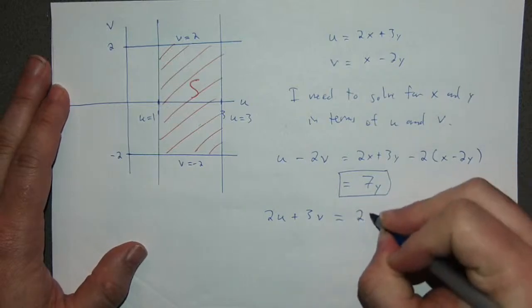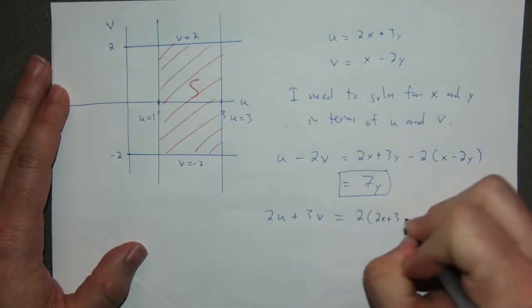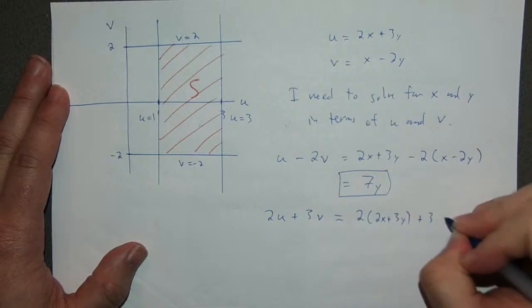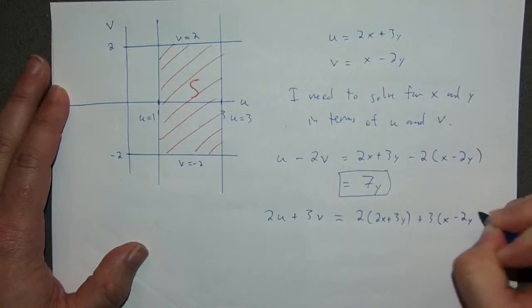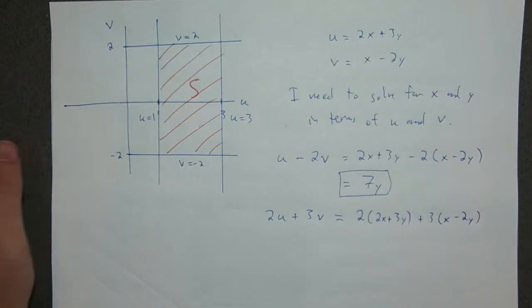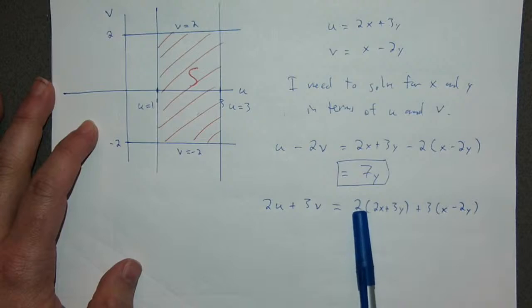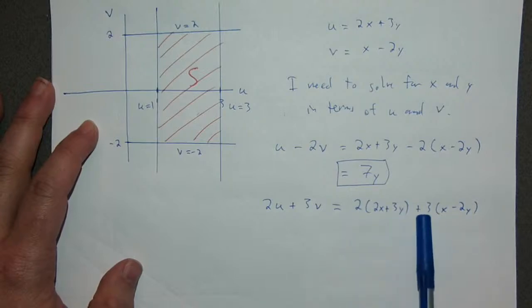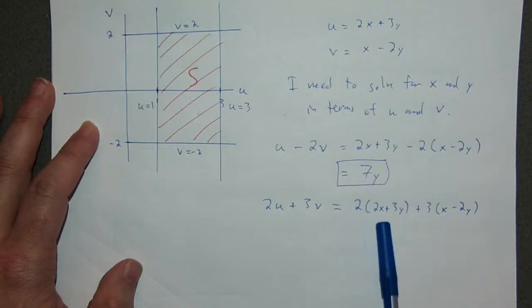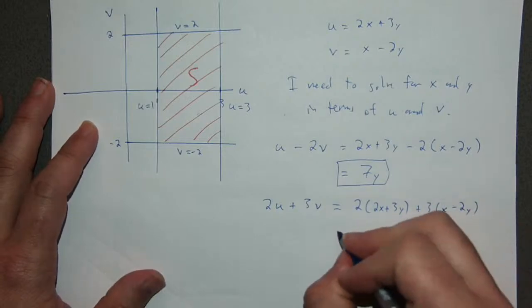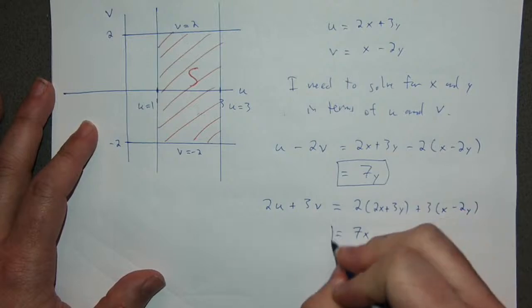So this would be 2 times 2x plus 3y plus 3 times x minus 2y. Okay, and so I would have 2 times 3y is 6y, 3 times minus 2y is minus 6y, so those cancel. So I'm going to have 4x plus 3x, so I'm going to get 7x. Hey, that worked out pretty nice.